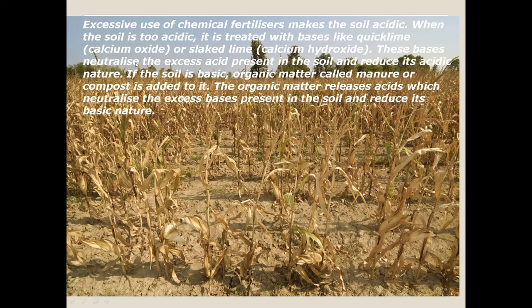These bases neutralize the excess acid present in the soil and reduce its acidic nature. If the soil is basic, organic matter called manure or compost is added to it. The organic matter releases acids which neutralize the excess base present in the soil and reduce its basic nature.